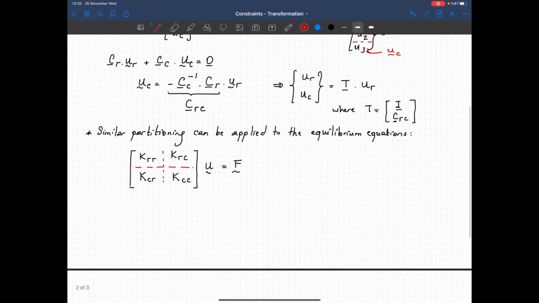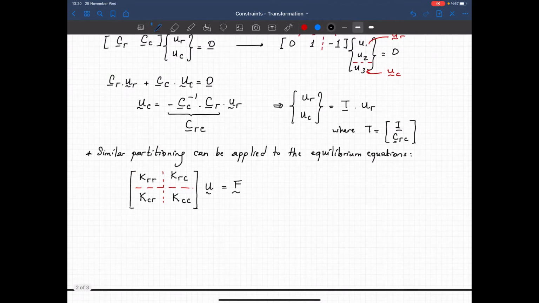Now we said that U is equal to a transformation matrix times UR. Okay. Now I did the transformation in terms of the displacements, but you can write the same thing for the forces. We will discuss that later. T transpose times F. Let's call these the constrained ones.